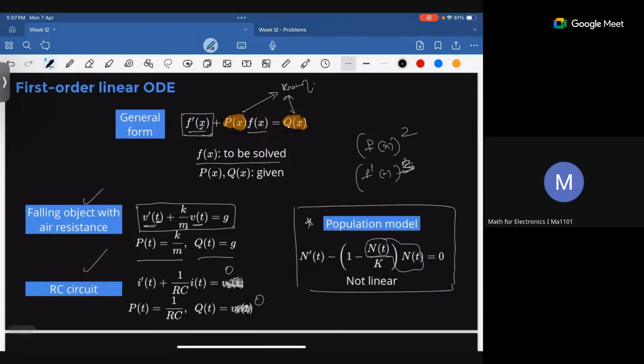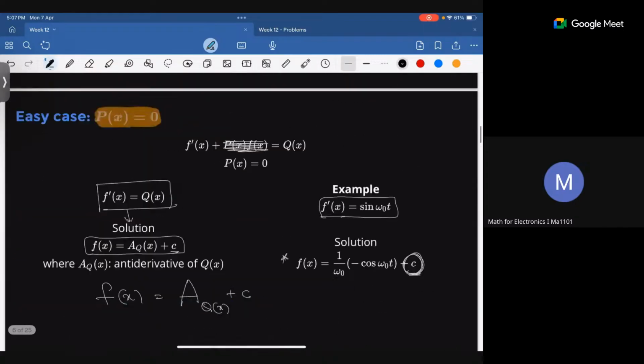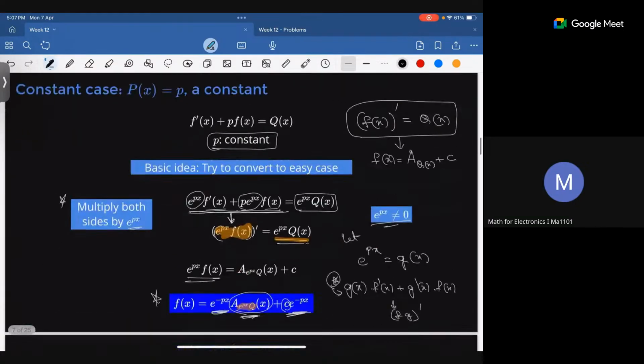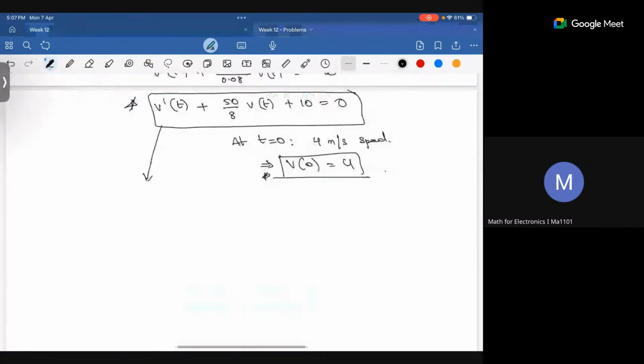If we have P(t) to be some constant and Q(t) is also constant, then we know how to write down the solution, right? So both are constants. When P is constant, we know how to write it. We will use that.